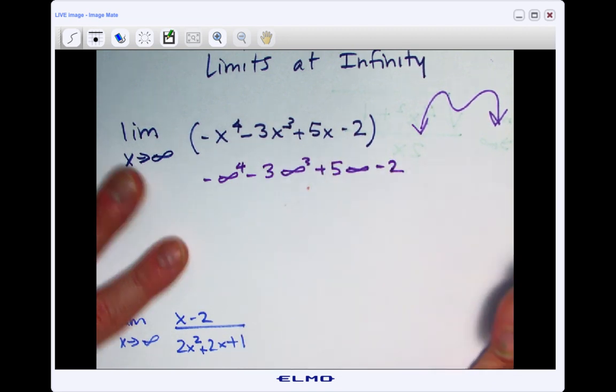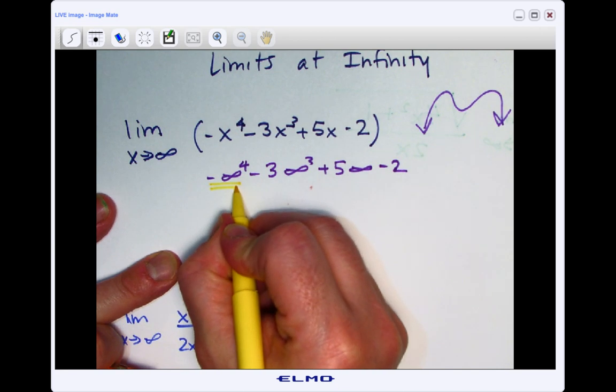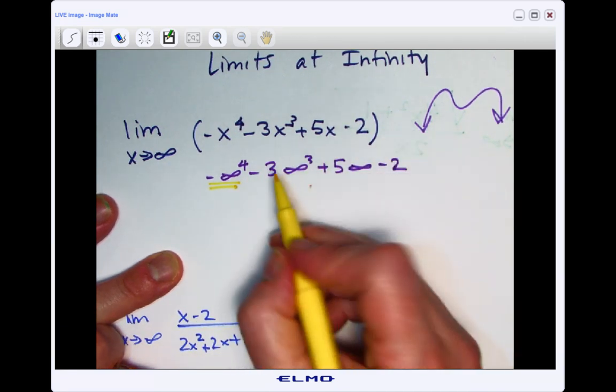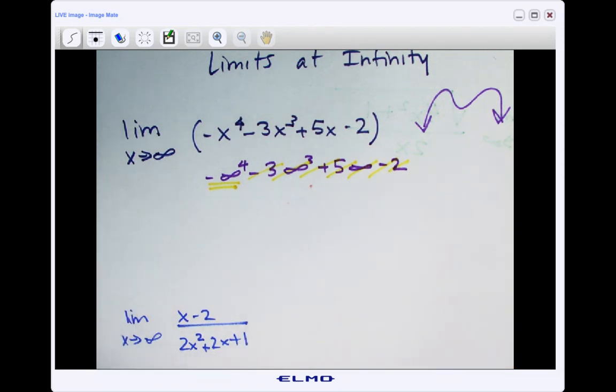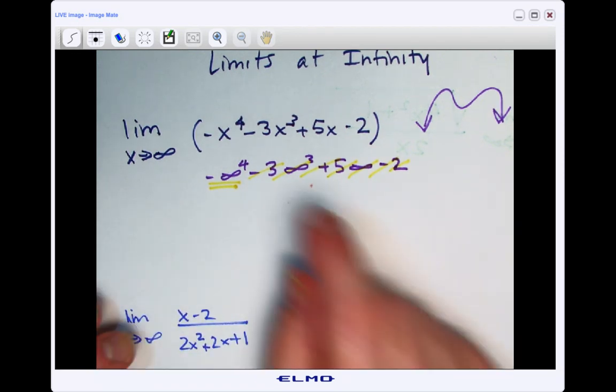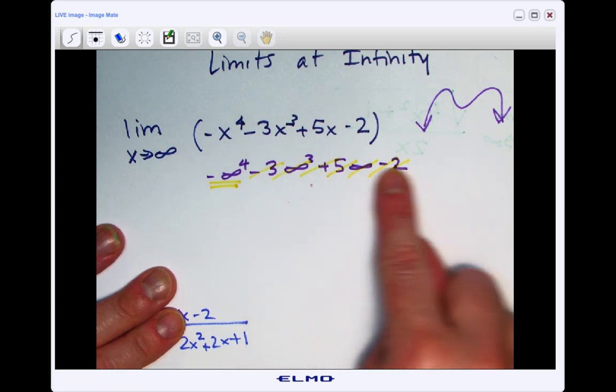Usually, since this term is so much huger than all of these others, we don't worry about them too much. This is that idea we've talked about over and over again, where this term is going to get so big that over time, these numbers become meaningless.